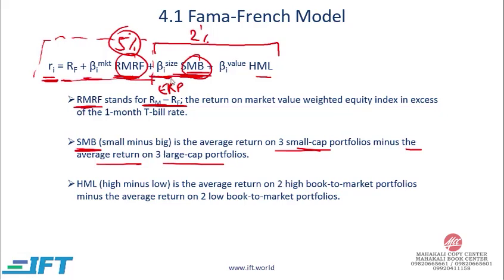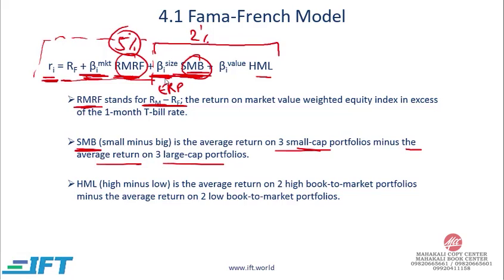The beta is stock specific, just like this beta is stock specific. It is based on the sensitivity of a given stock's returns to the market. Similarly, this second sensitivity, the size beta, is stock specific. Will this beta number be high or low for a relatively small stock? For a relatively small stock, the beta is going to be positive.